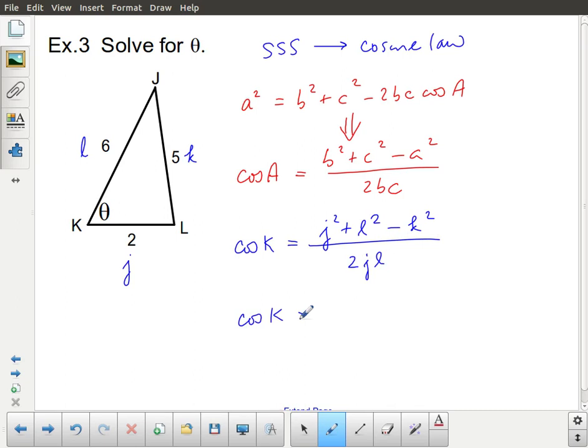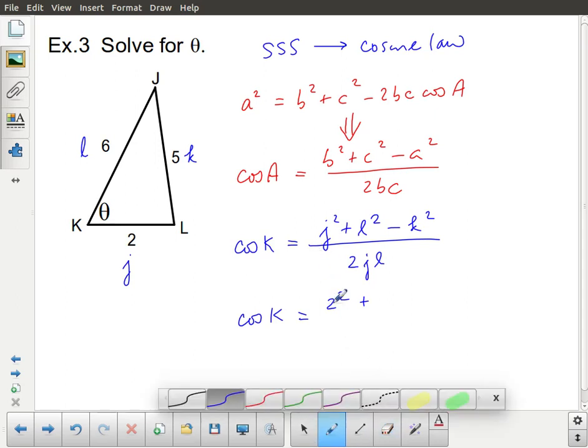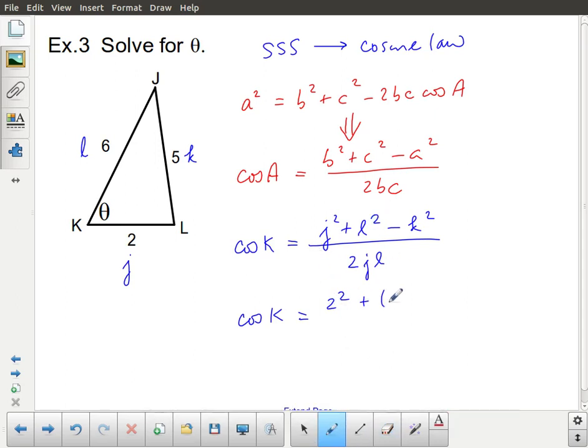Cosine of capital K is equal to J squared is going to be 2 squared plus K squared is 5 squared minus L squared, which is 6 squared. But I did that wrong, didn't I? It's supposed to be J squared, which is 2 squared, plus L squared, which is 6 squared, minus K squared, which is minus 5 squared, over 2 times J, which is 2, times L, which is 6.